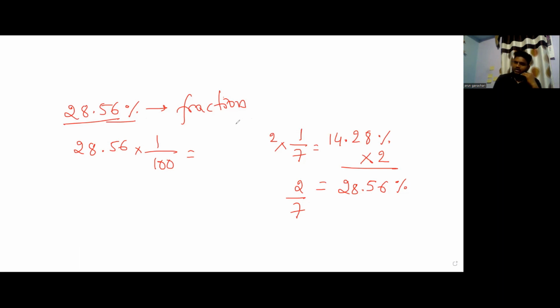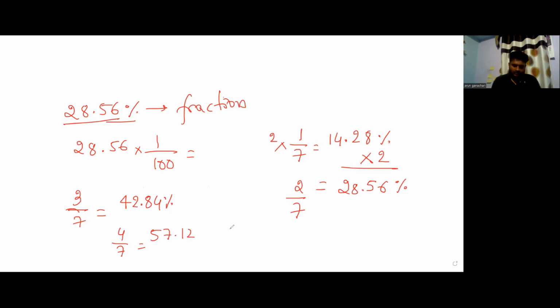Okay, so I'll give you one more, simpler example. I want you to remember everything related to 7 because it's a very famous question. 1 by 7 is 14.28. What will 3 by 7 be in percentage? Try to calculate. It is 42.84 percent. 4 by 7 is 57.12.